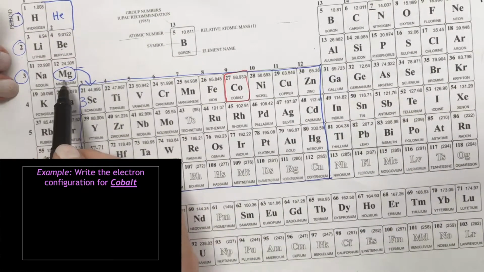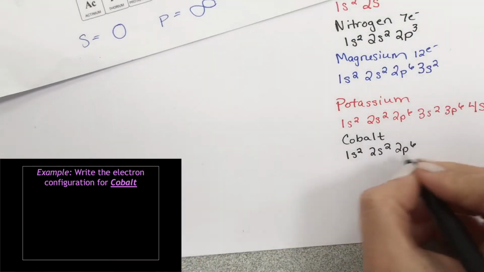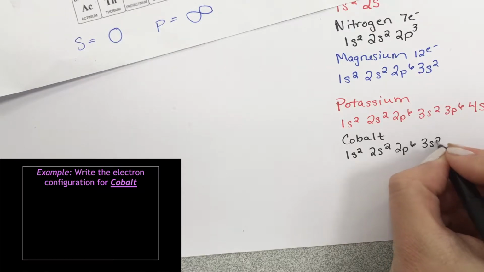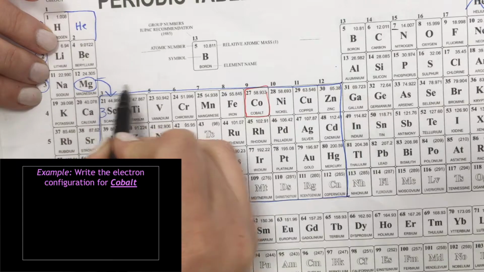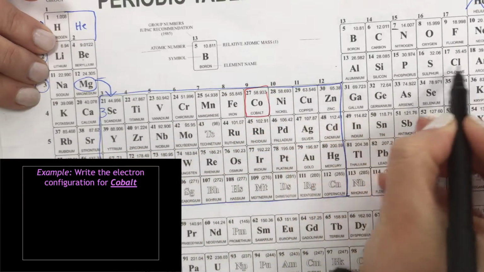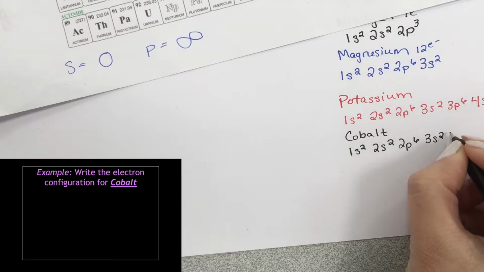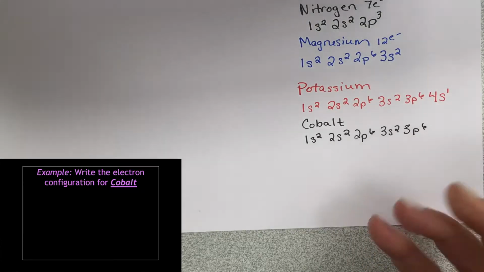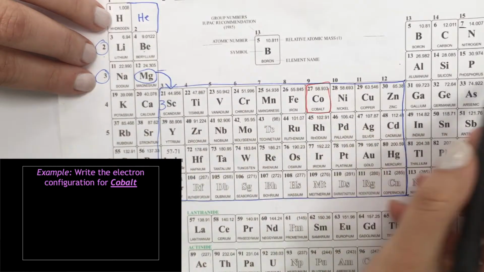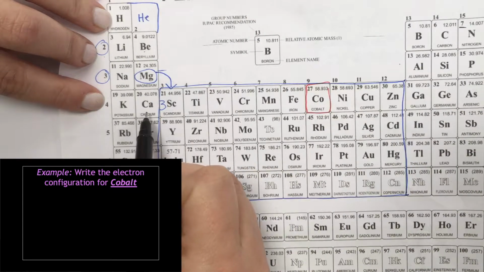Then we have 3s2. We don't do the d orbital yet. So 3s2 and then 3p6, and then 4s2.